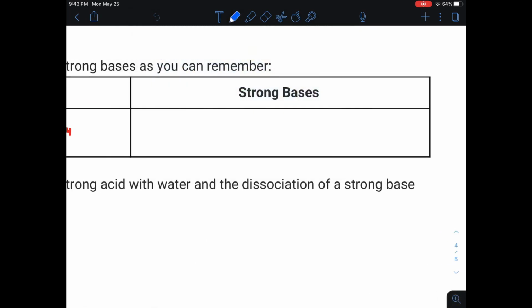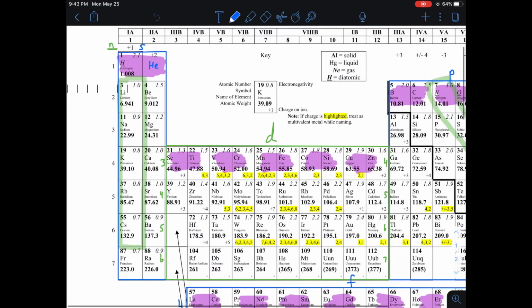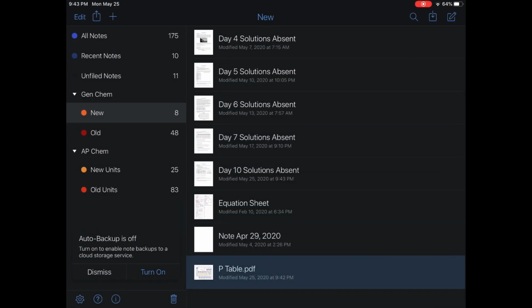I'll use blue: lithium hydroxide, sodium hydroxide, potassium hydroxide, rubidium hydroxide, and cesium hydroxide. Those are alkali metals that are hydroxides, and they're strong bases.